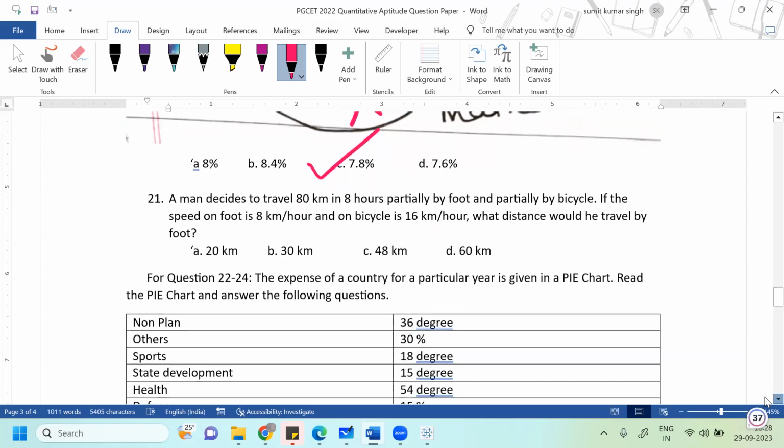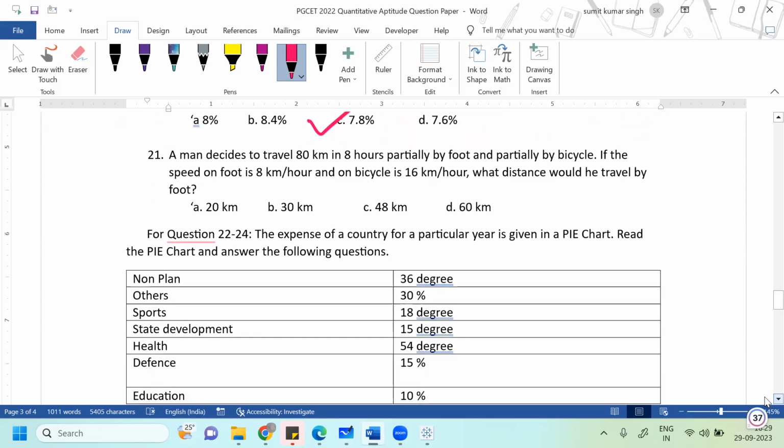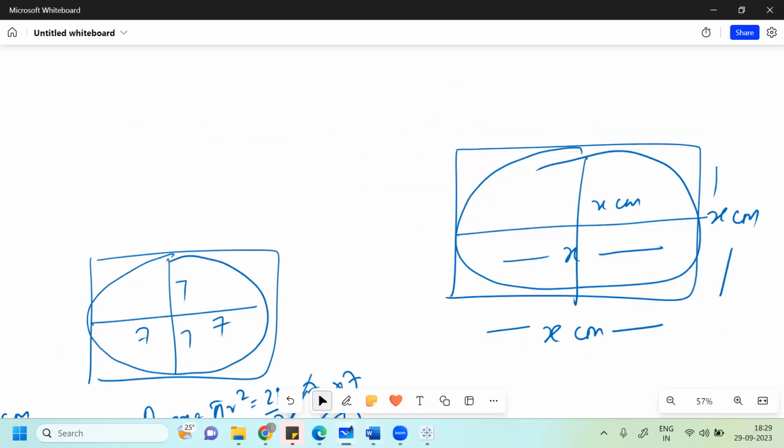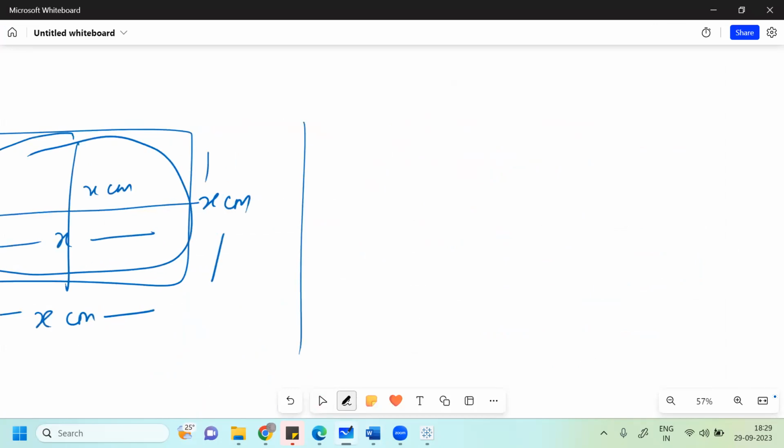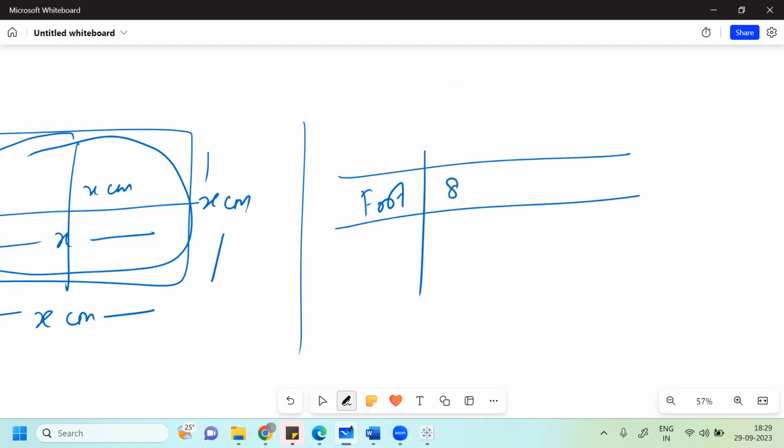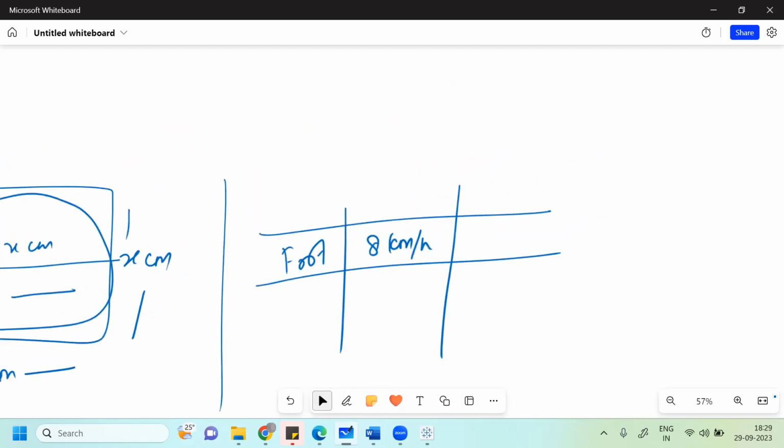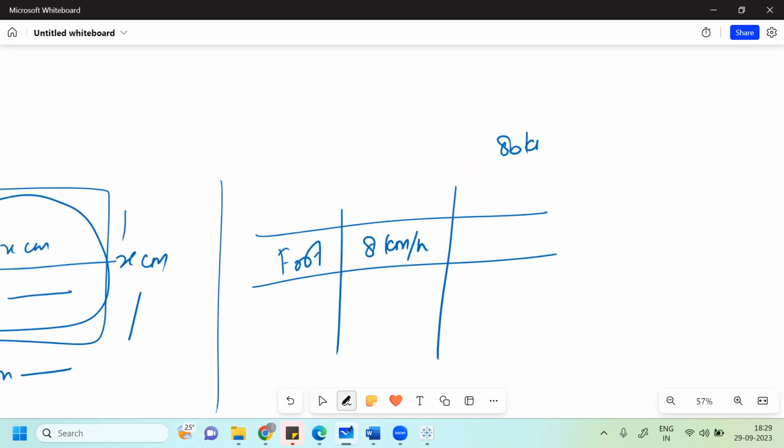Question number 21. A man decides to travel 80 kilometer in 8 hours, partially by foot, partially by bicycle. The speed of foot is 8 kilometer per hour, and he is planning to travel 80 kilometer in 8 hours.